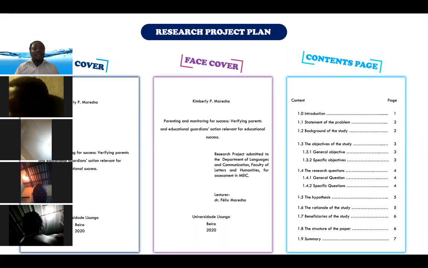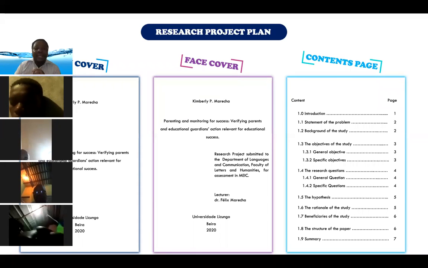And the things that I talk about in this chapter are how I discovered the problem, what the problem is exactly, how many people have discussed the problem, or how many scientists have researched the problem, and what results did they come up with.